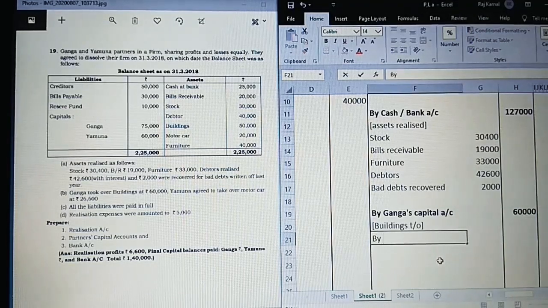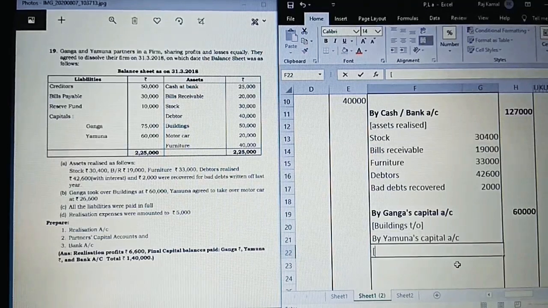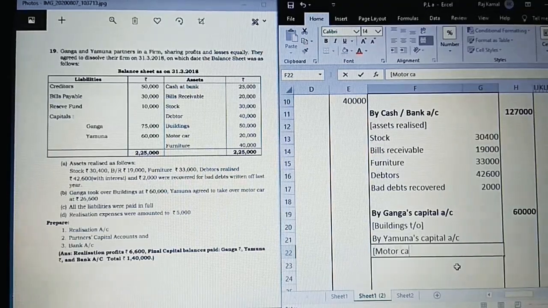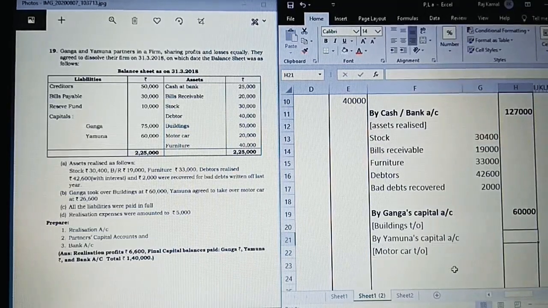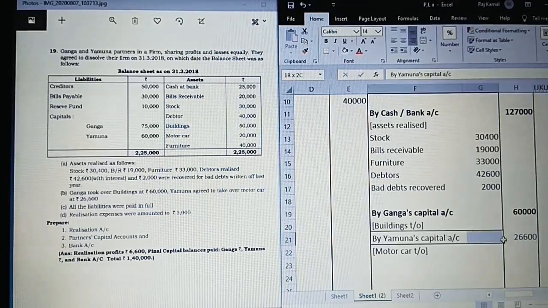Yamuna. By Yamuna's capital account. What is taken over by Yamuna? Motor car taken over. So what is the value? 26,600. Now we have completed even the second adjustment.